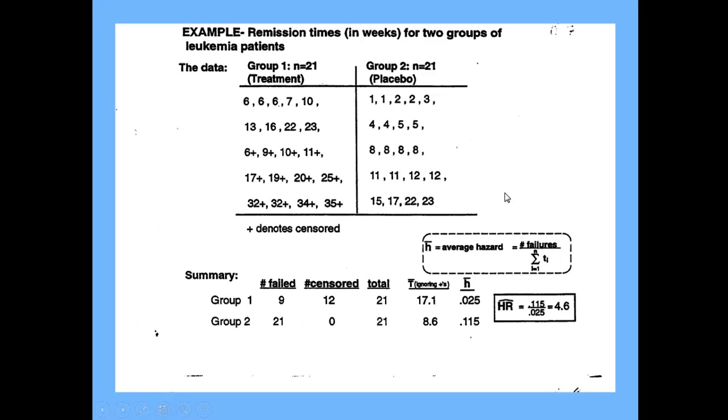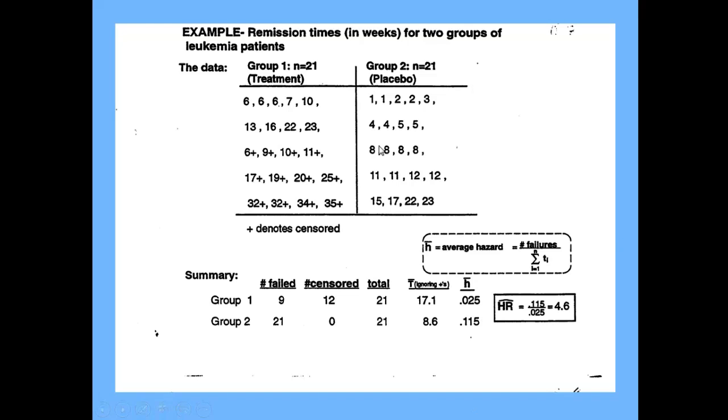If you actually carry out the arithmetic, the 21 in each group isn't the person time. The person time is the sum of this. So I don't have the person time for each group in here, but if I actually do it, what I wind up getting is 9 over the sum, which turns out to be 0.025.